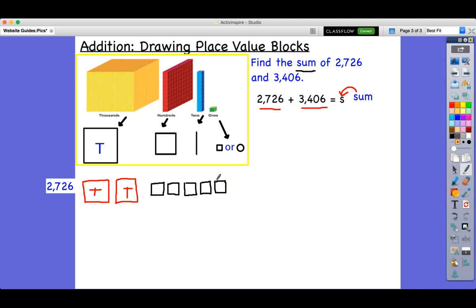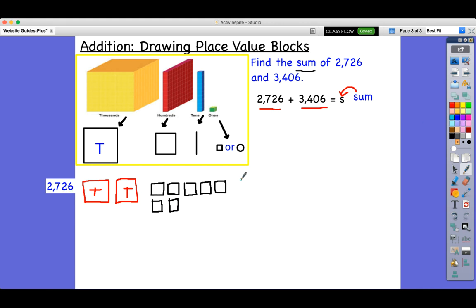And to stay organized when I'm drawing any of my place value blocks, I always like to draw them in groups of 5. That just makes it easier for me to count and stay organized. So once I get to 5, when I go to 600s, I'm going to start a new row. 700s.